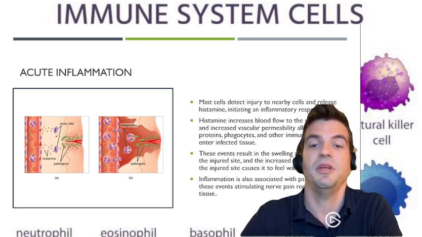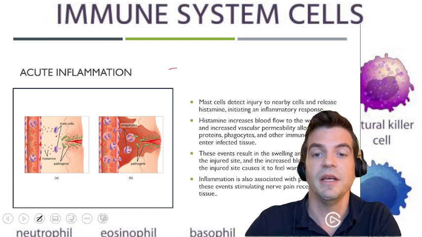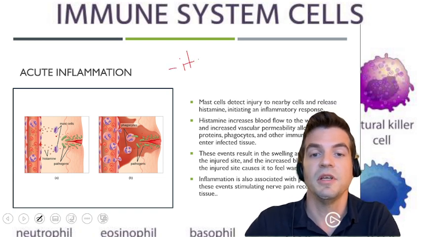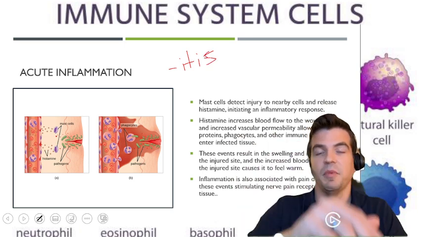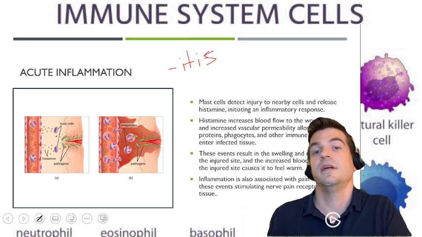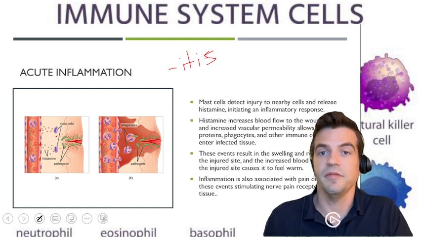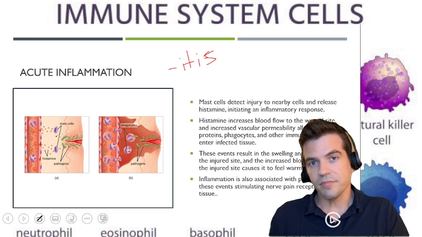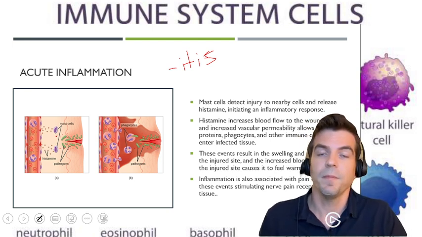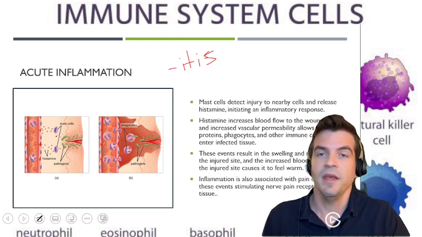Okay, so inflammation is mostly beneficial, and a lot of times we can see it and we can get itis. Okay, remember the itis is the suffix of inflammation. Tendinitis, endocarditis, encephalitis, a lot of itises, okay?